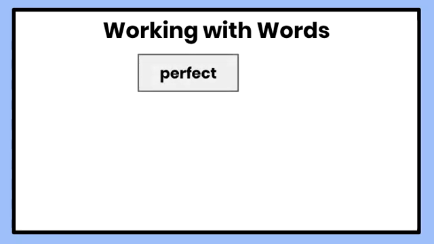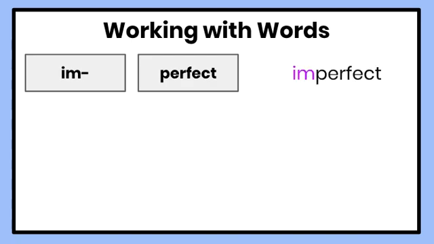If I have the base word perfect, but I want to say someone is not perfect, which prefix would I use? Notice that it starts with a P. Great job. We would do imperfect. We use the im prefix because our base word starts with a P. Polite.